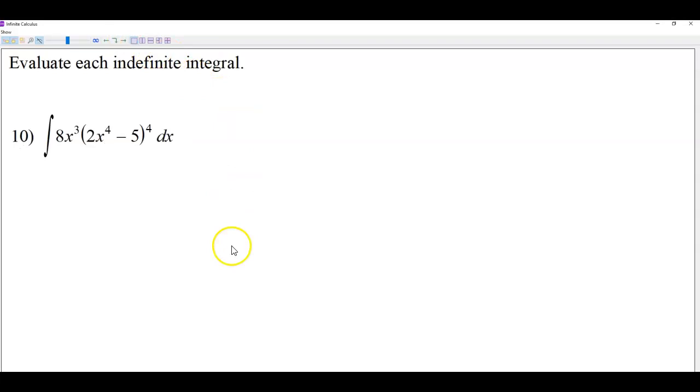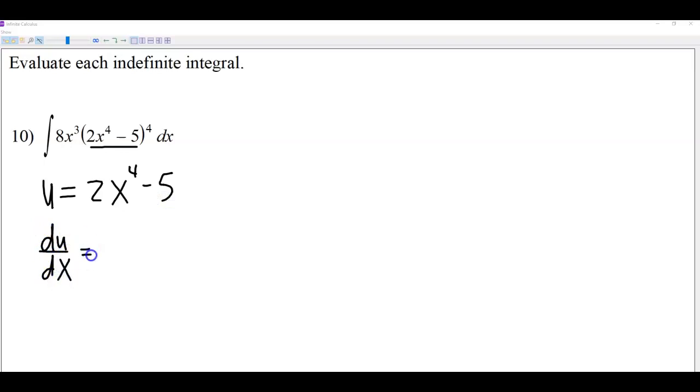Take a look at number 10. All right, now as you guys can see on number 10, we have an inside function here with an integral. When that happens, that typically means we're going to do u substitution. So with u substitution, we set the u equal to the inside function first, and then we take the derivative of u with respect to the variable that's in the equation, which in this case is x, and that would give me 8x cubed.